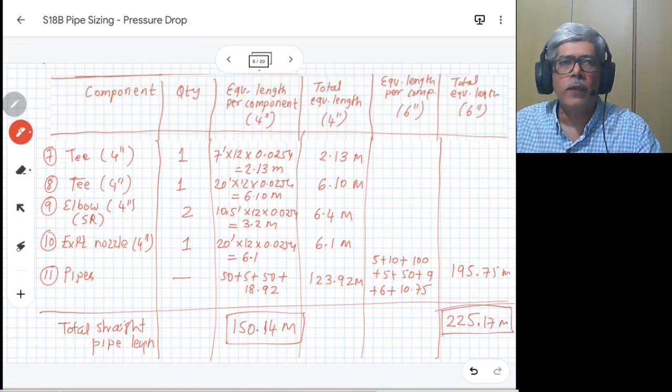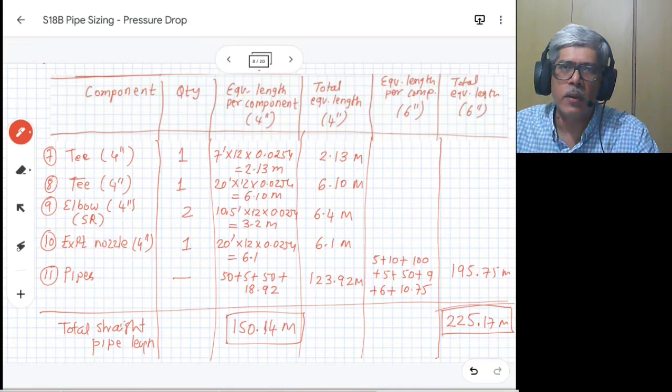So now the first step of the calculation is done. We have converted the piping system into its straight line components. So there are two components corresponding to the two sizes which this particular pipeline contains.